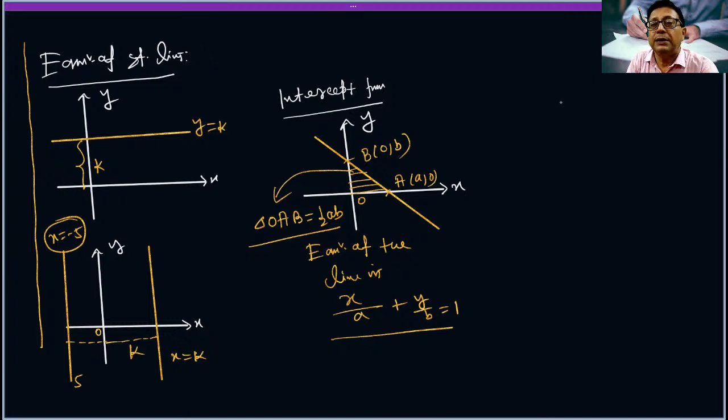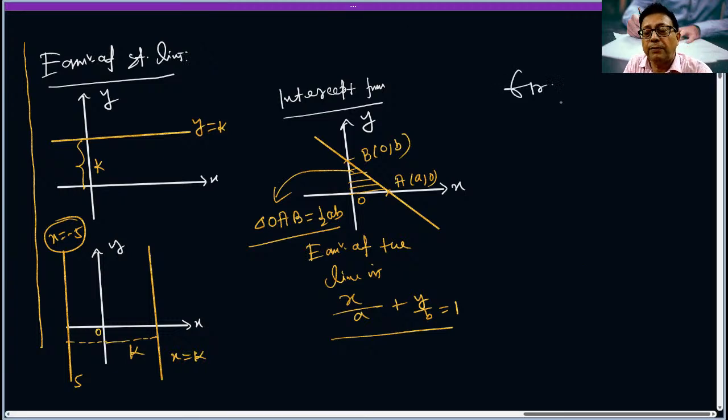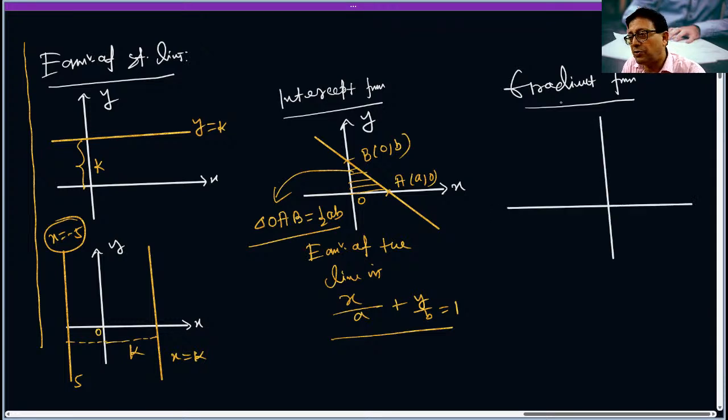Now there is gradient form. Gradient form, a line will make y-intercept equal to c and its slope is equal to m. This one theta, m is equal to tan theta and this length equal to C, the equation will be y equal to mx plus c.